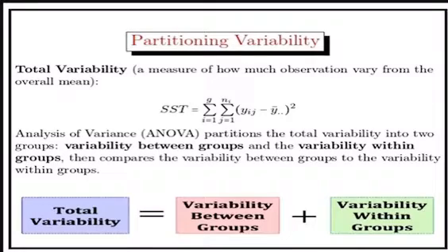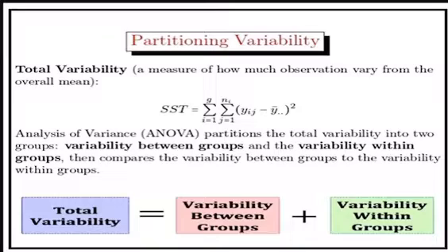This guy here, Y_ij, is the response variable. So we want to break the total sources of variation around this guy into variability between groups and variability within groups.